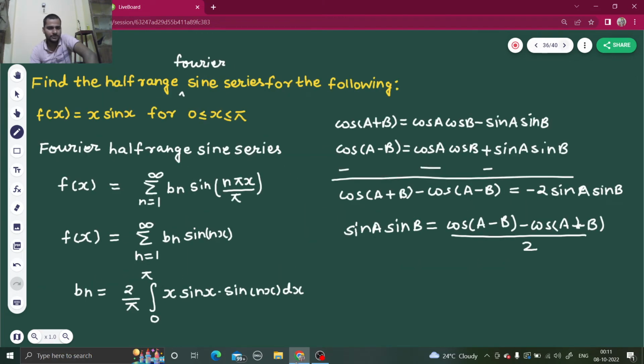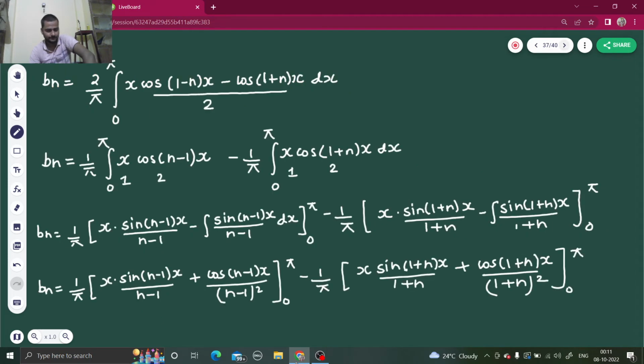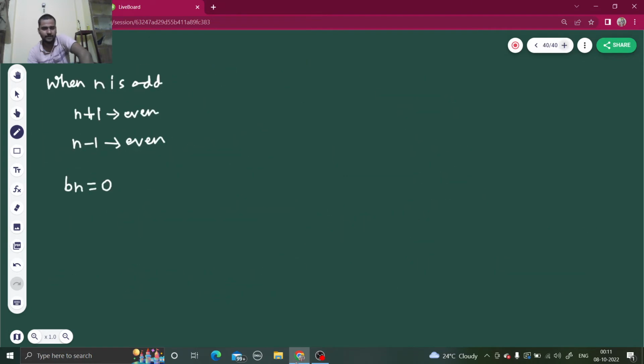So when it comes to b1, that will be 2 by pi, integral 0 to pi.